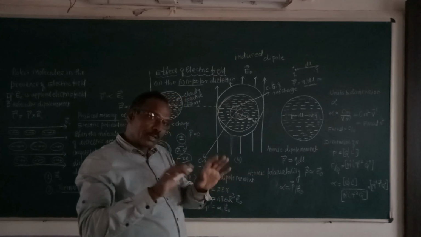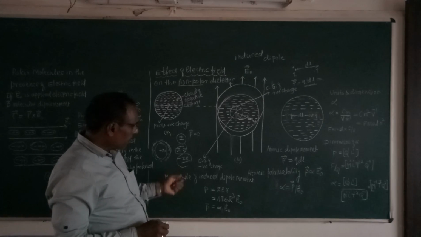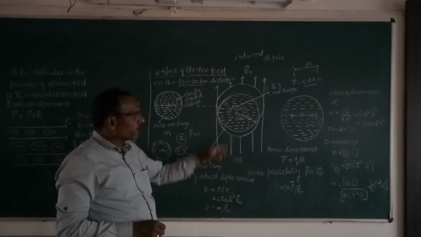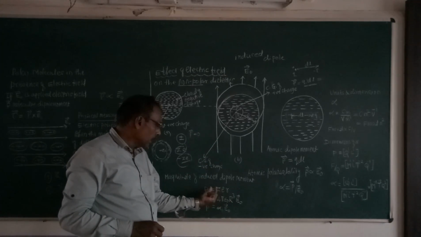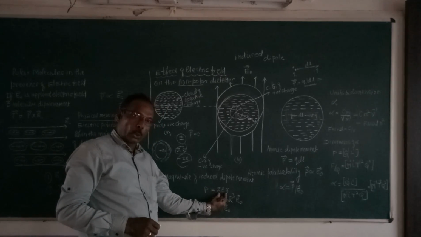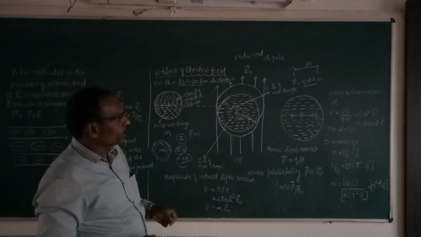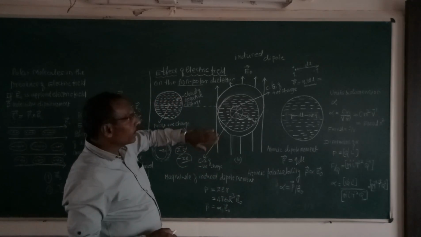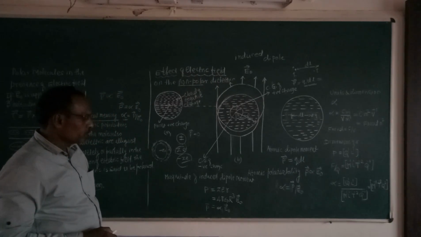Z is the atomic number of the particular atom, e is the charge, positive for the nucleus and negative for the electron, and r is the distance. This is the magnitude of the induced dipole moment. And the dipole moment, which is a vector quantity, q into dl, acts parallel to or along the direction of the applied electric field.